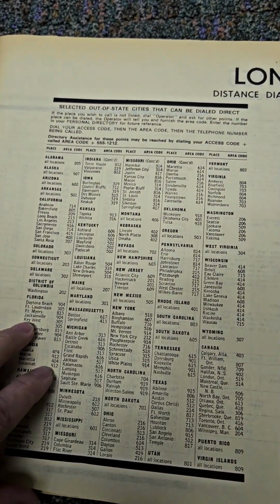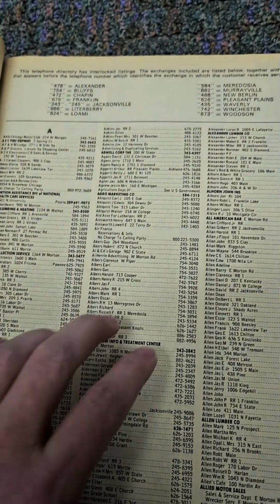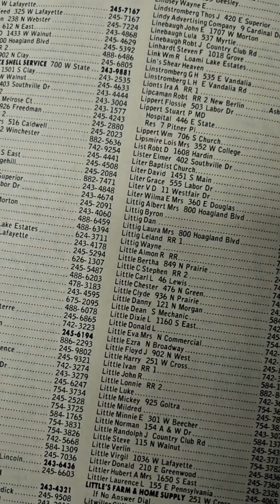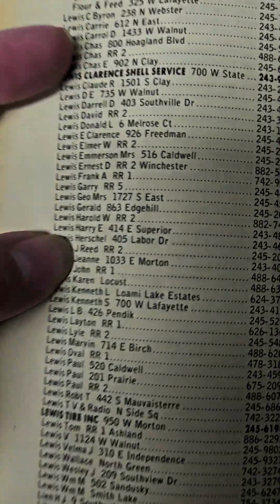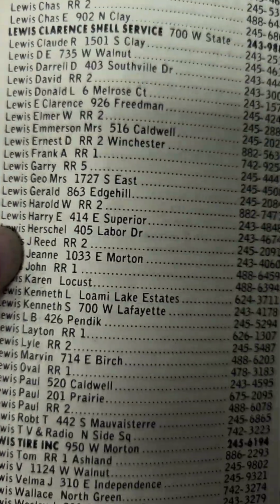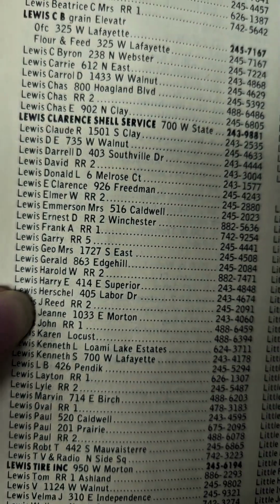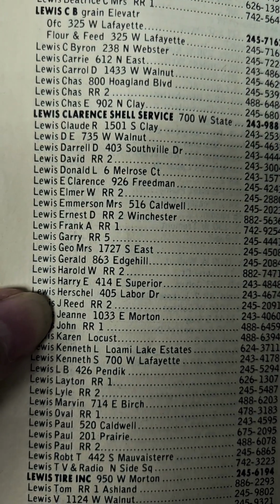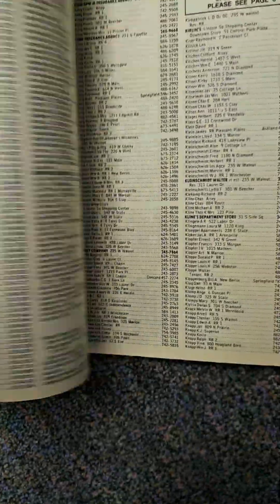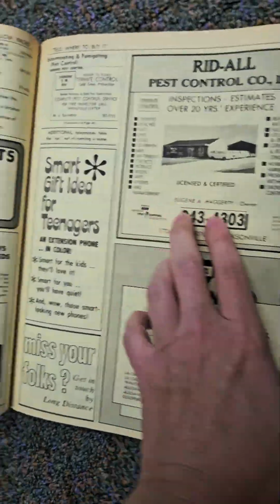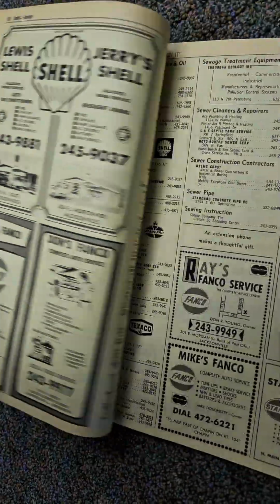After that would be a list of all the area codes for all the cities and towns, and then the directory of all the people that were willing to list their phone numbers publicly, listed in alphabetical order by surname, with their address and their phone number. They had the people in the front, and they had the business directory in the back, the yellow pages. Yep, that was the good old-fashioned phone books.